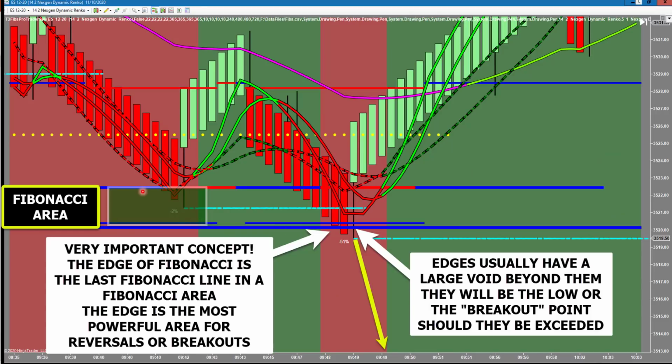Now, another important concept that we talk about a lot is Fibonacci areas, and then ultimately Fibonacci edges. Edges are a very powerful thing where it's either going to break or it's going to reverse. So we do a lot of business at the edges, and depending on the triggers, this is the point where you can really watch your market flow.